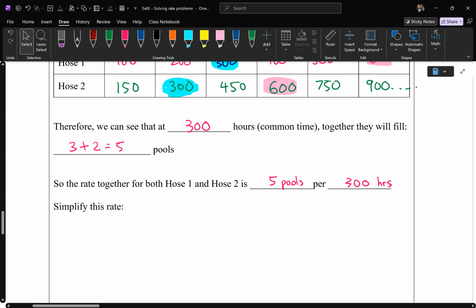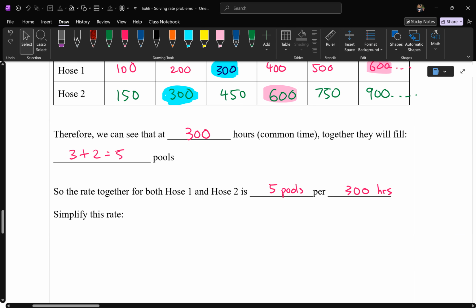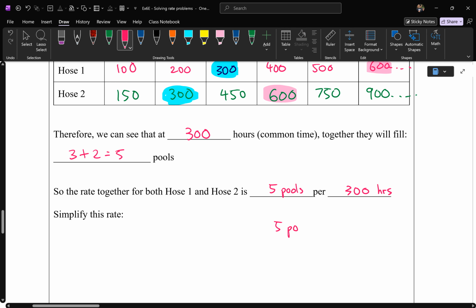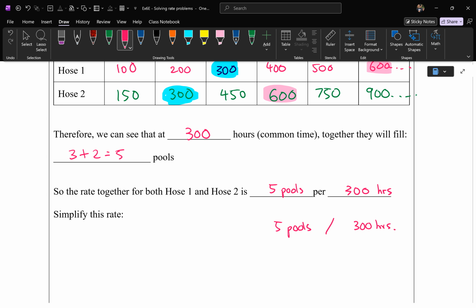So now this is a nice rate because that's the combined rate. But I could only combine them once I have something that's in common. So here, if you answer the question, 5 pools per 300 hours.